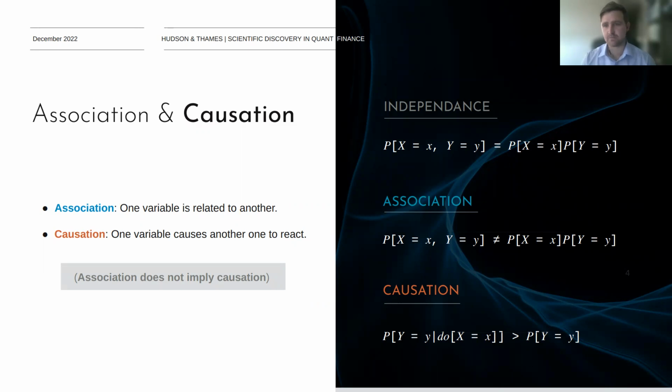A common example that a lot of people use is ice cream sales and the number of drownings in a certain month. They are related. If ice cream sales increase, we would likely observe that drownings increase. But it's not because they actually influence each other.